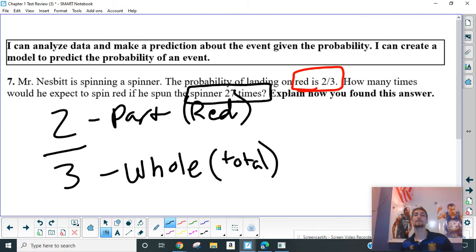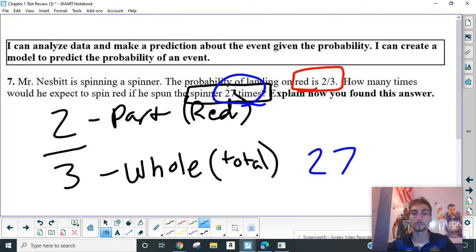And so here, we're talking about what if he were to spin it 27 times. Well, would 27 be our whole, or would that be our part? Well, we're spinning a total of 27 times. So that's going to go on the bottom here. And now we have to figure out what would be on the top. So right now our odds are 2 out of 3.